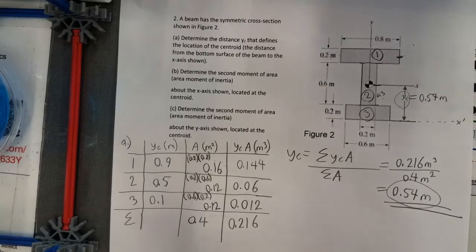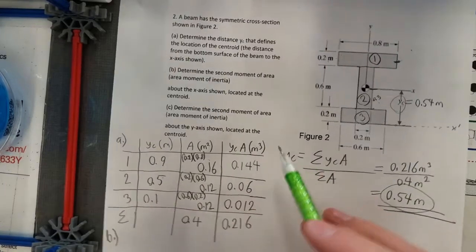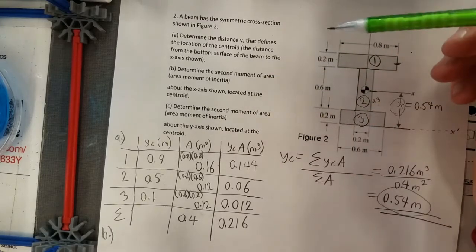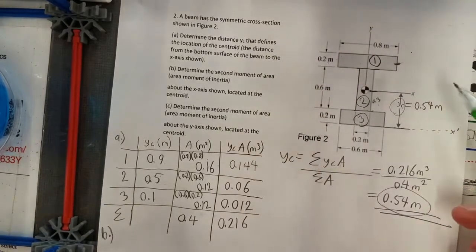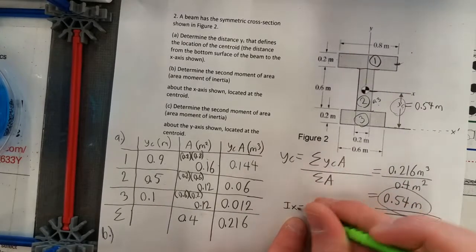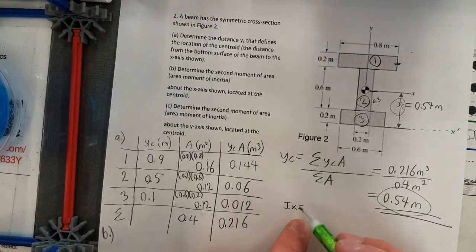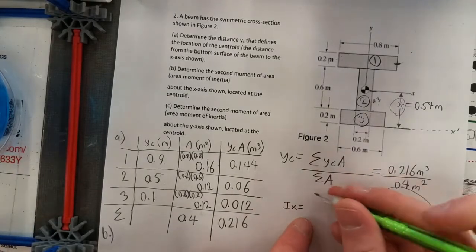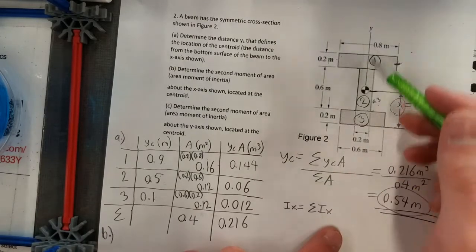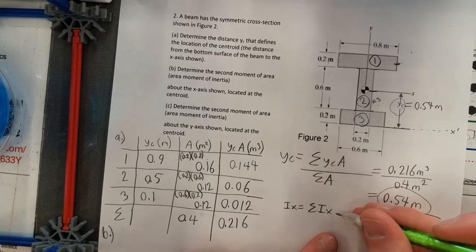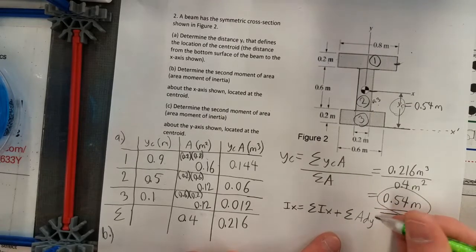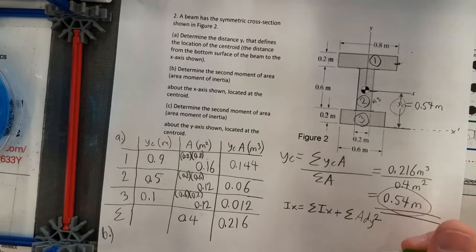And so part B is asking for the second moment of area about the x-axis and about the y-axis. And so this is where we need, again, to take a look at what I wrote out earlier, which is that these formulas here, Ix, or the area moment of inertia, is going to end up being equal to the sum of all of the area moment of inertias in each of these three shapes, plus the sum of the area times dy squared for this one.